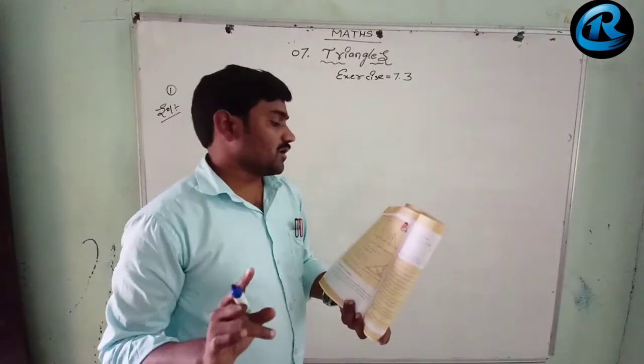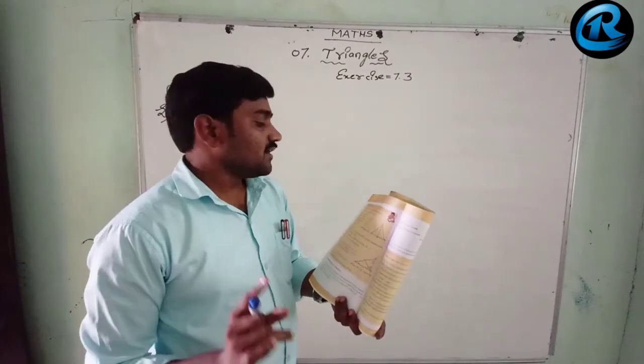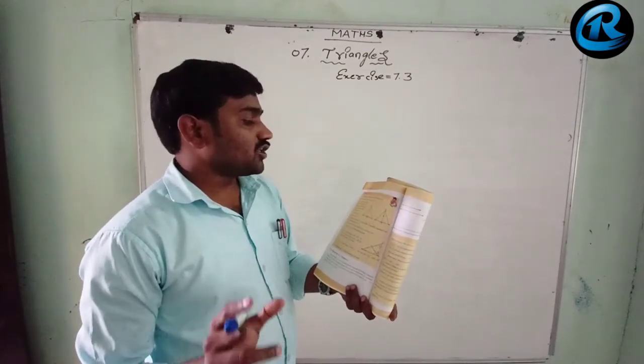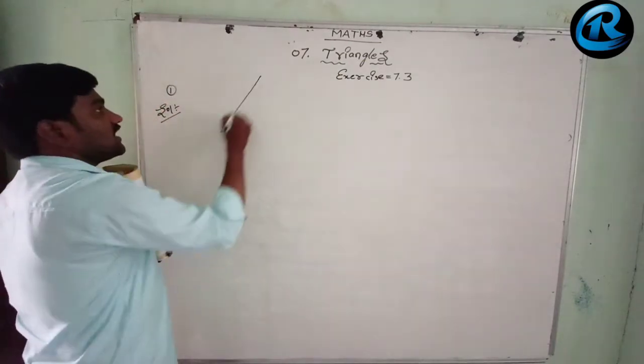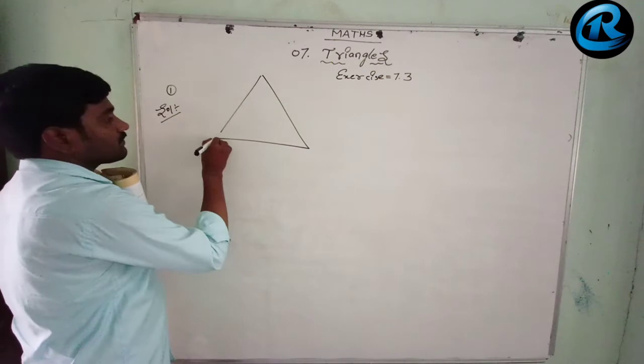Let us go for the first problem of this exercise: AD is an altitude of isosceles triangle ABC. Here ABC is an isosceles triangle itself.